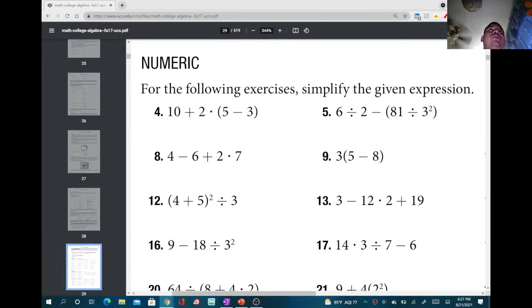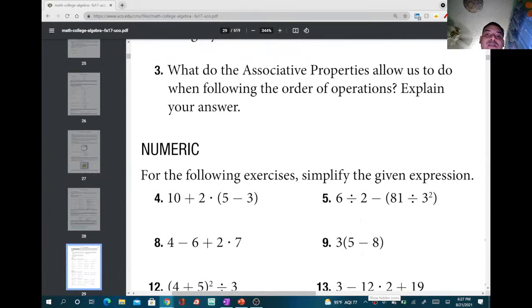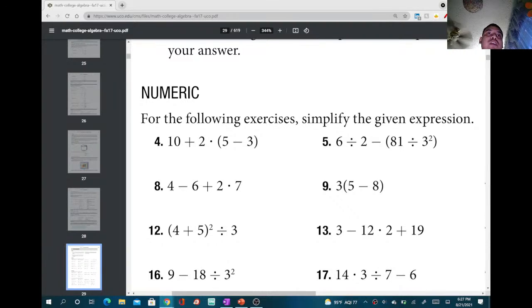It would only be needed if it was a proofs class where they were to ask, why do we use the distributive property, the associative property, the commutative property, etc.? But we're not doing that. So we're just gonna start with number 4.